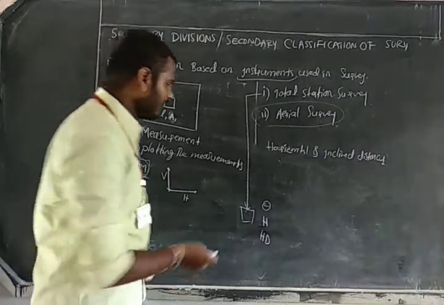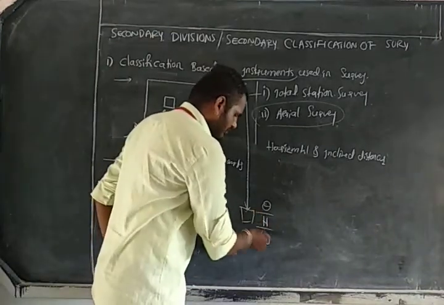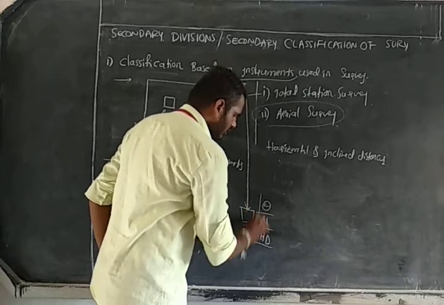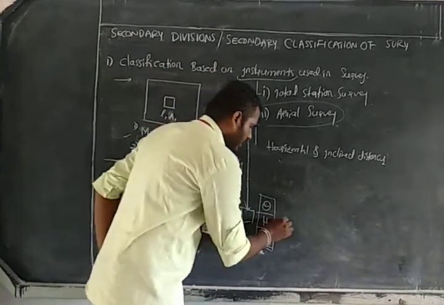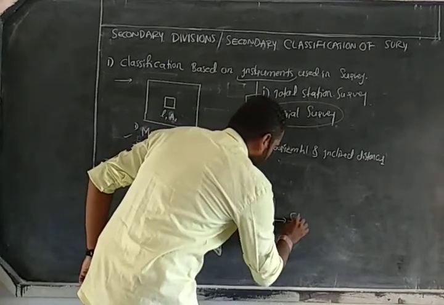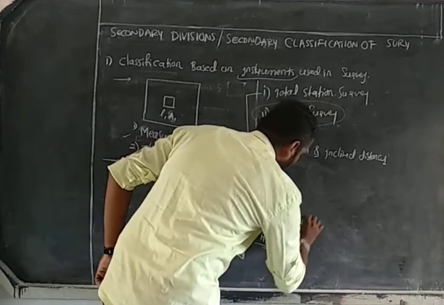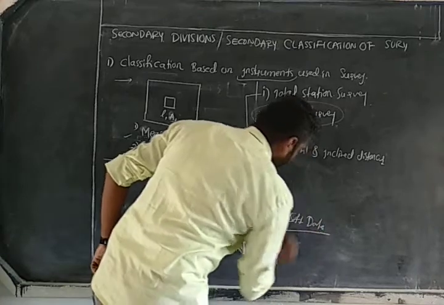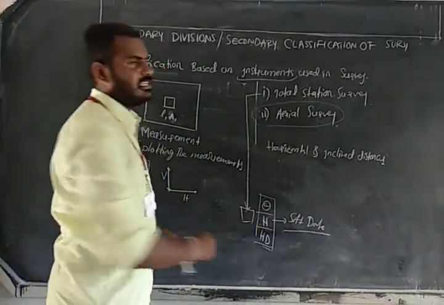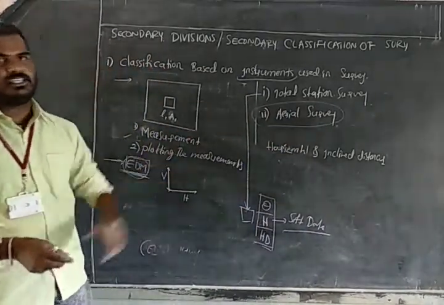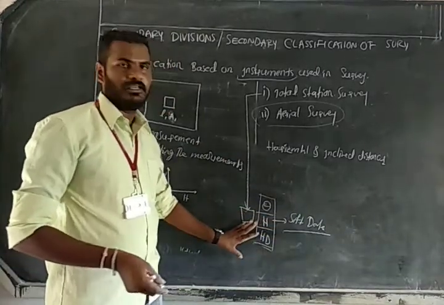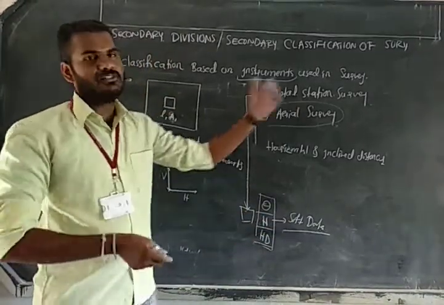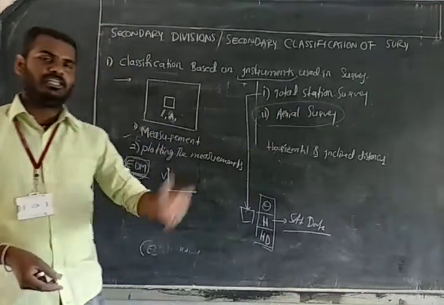At the same time, automatically, all the data that we are collecting on the site can be transformed into soft data. In the sense, everything can be preserved in the machine, the total station itself, or you can transfer the data you got from the site into laptops or any equipment.